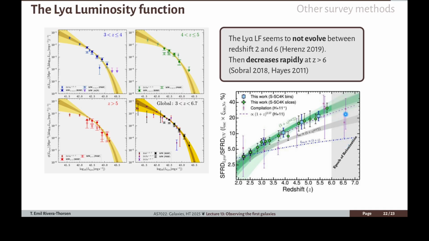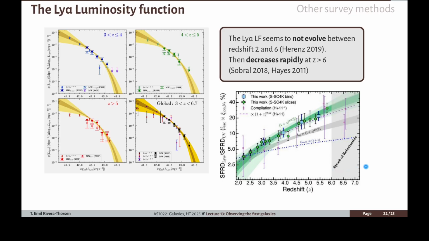So you basically don't see Lyman alpha at redshift higher than 6 or 7, because the IGM, the intergalactic medium, is neutral at this point. And this is actually one of the most effective ways we have had to mark when the universe changed from being largely neutral to being largely ionized.